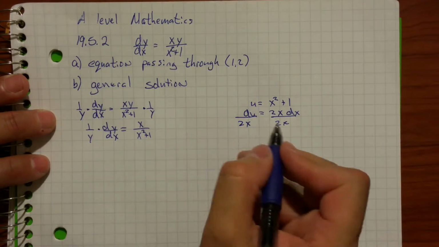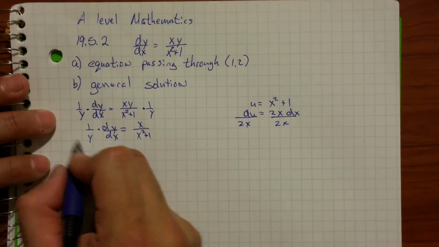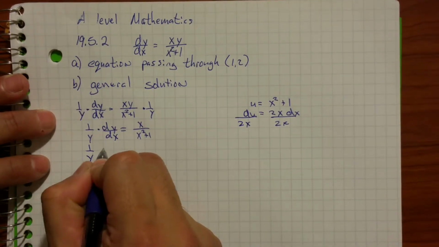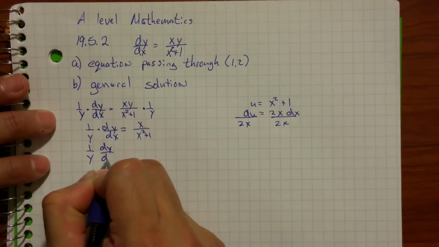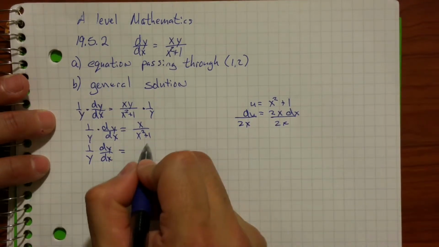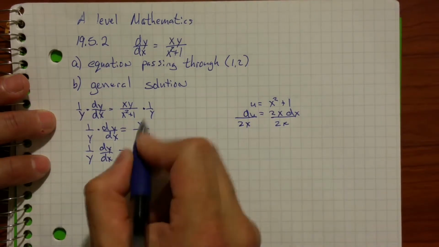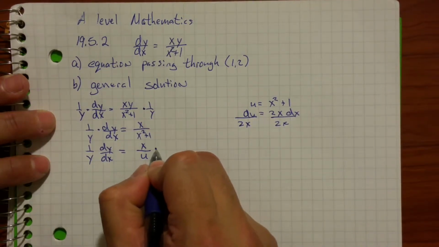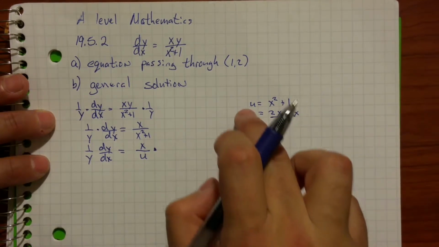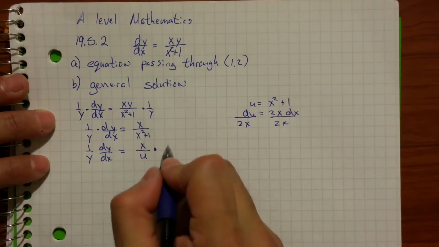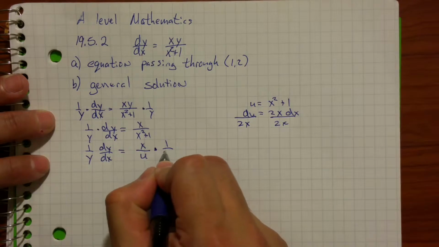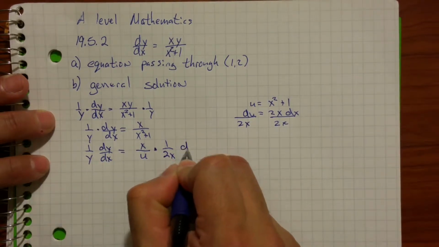So let's see what I have here. Let's rewrite it. 1 over y dy/dx is equal to, this is going to be written as u on the bottom, x on top, times what I have over here, which is going to be my 1 over 2x du.